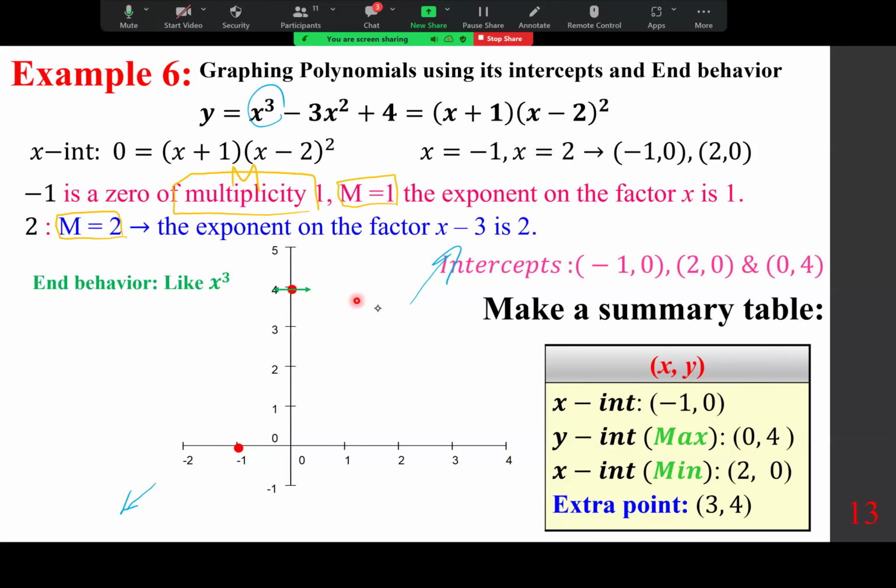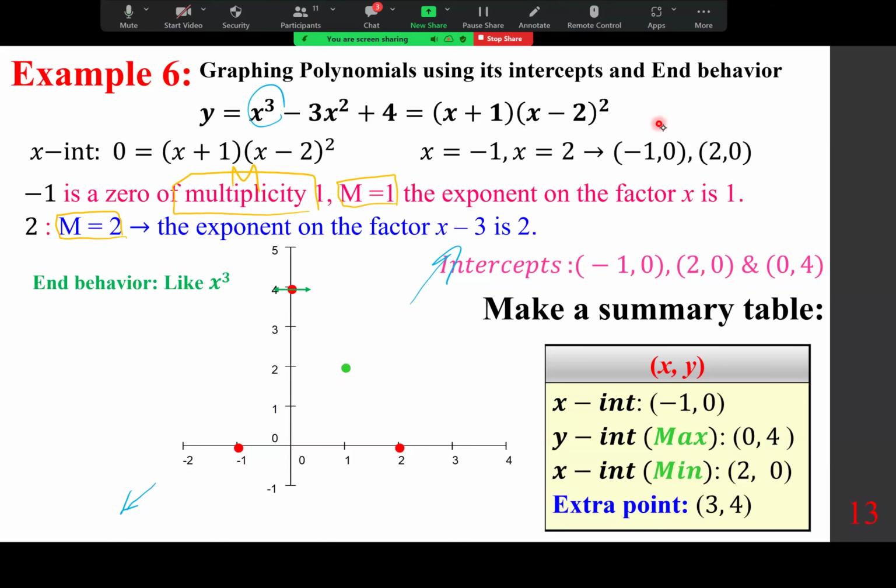This represents the max. It can't cross it. You don't have to worry about it at this point. We have another x-intercept at 2, 0. This is an extra point. If you plug in 1, you do get 2, an extra point.